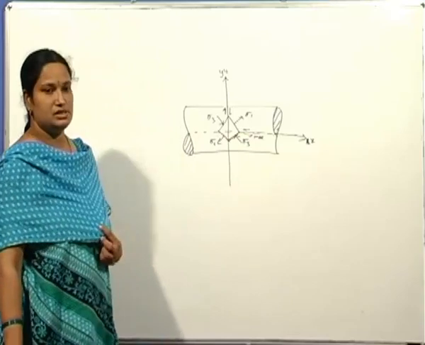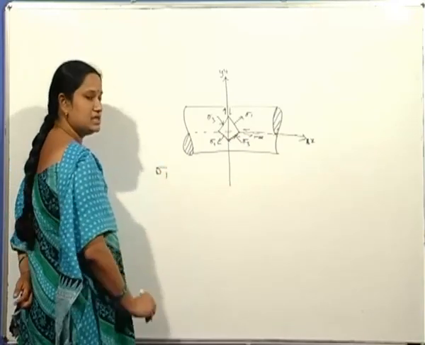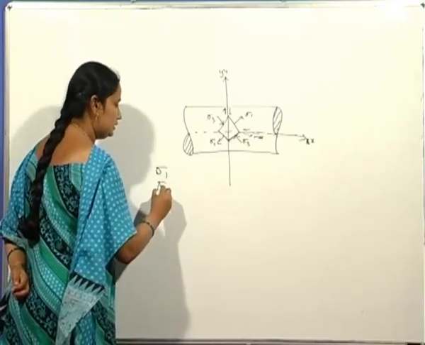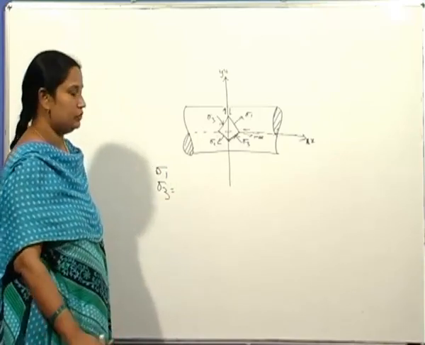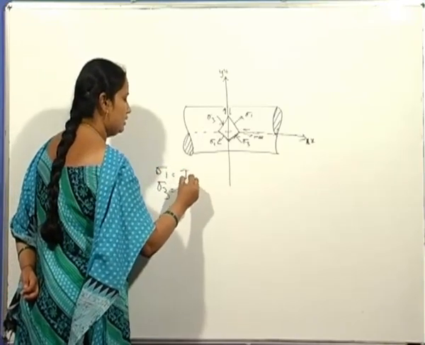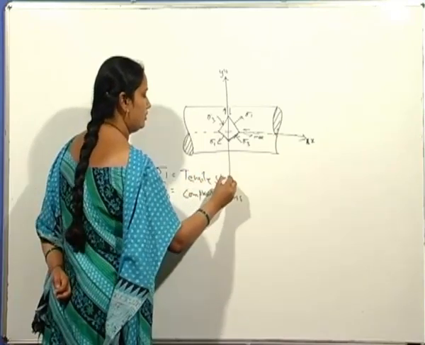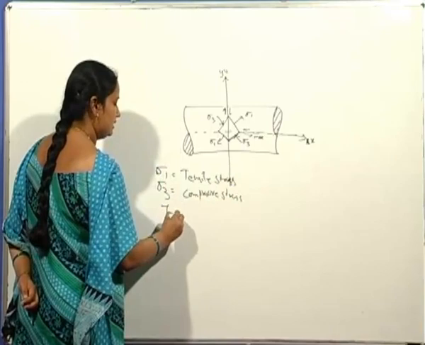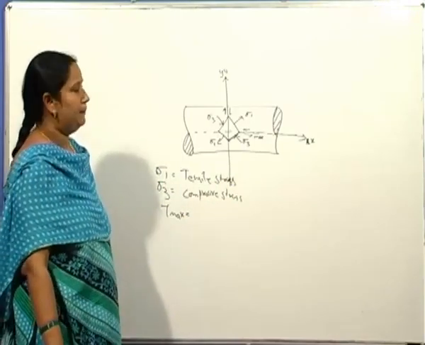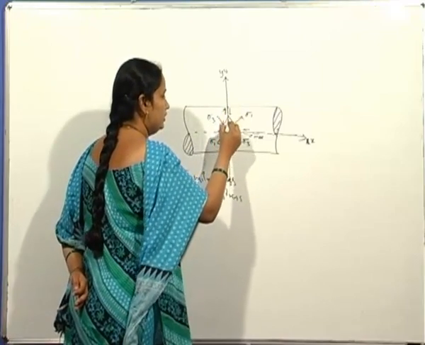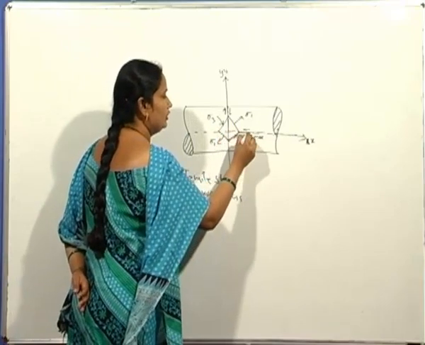So the state of stress is biaxial. Sigma 1 is the normal stress, which is tensile, and sigma 3 is the compressive stress. Both are equal in magnitude but opposite in sign. And tau max is the maximum shear stress, which acts on planes perpendicular to the longitudinal axis and parallel with the longitudinal axis.